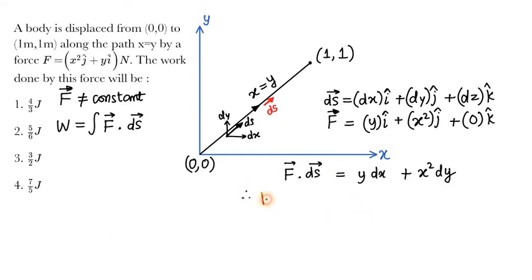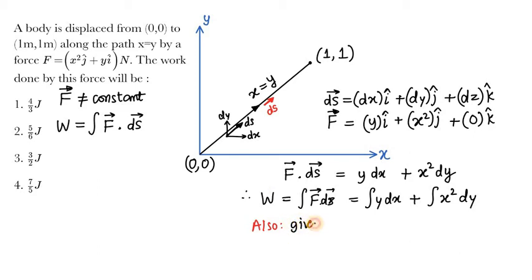Therefore work done will be equal to the integration of F dot ds, which is equal to the integration of y dx plus the integration of x squared dy. Now you will notice that in the question it is also given that x is equal to y on the path.